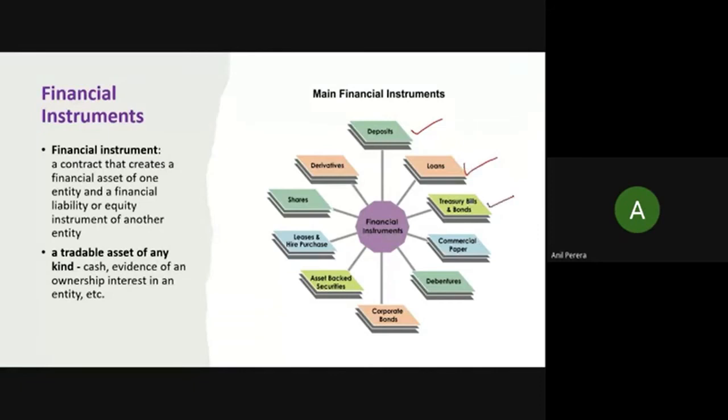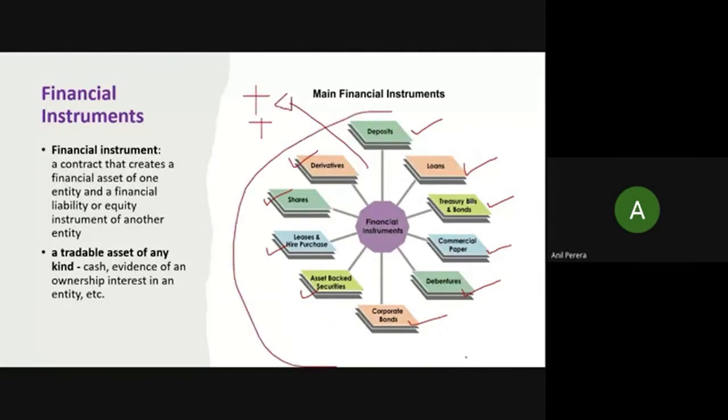Then we have treasury bills, bonds, commercial papers, debentures, corporate bonds, asset-backed securities, leasing and hire purchases, shares, derivatives, and there could be many more. But here in this slide, we have captured most of the instruments. Now in this session, we are going to look at the features of these instruments very closely.